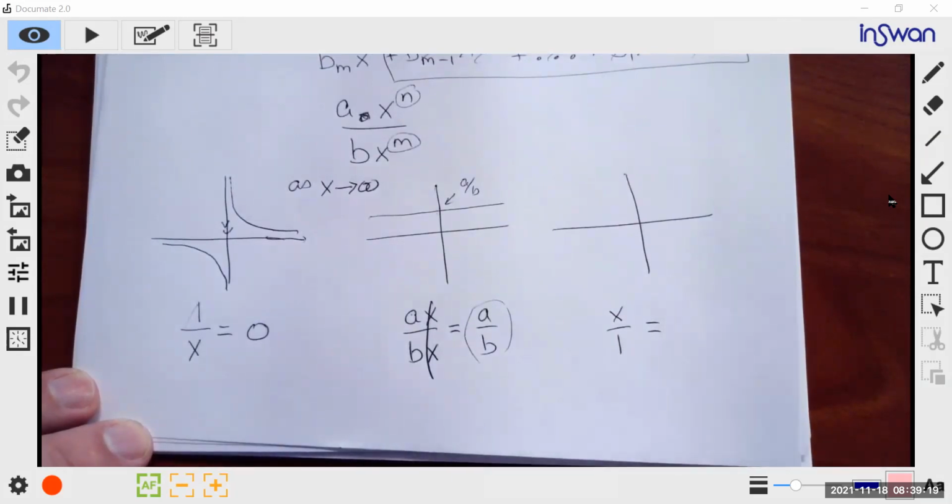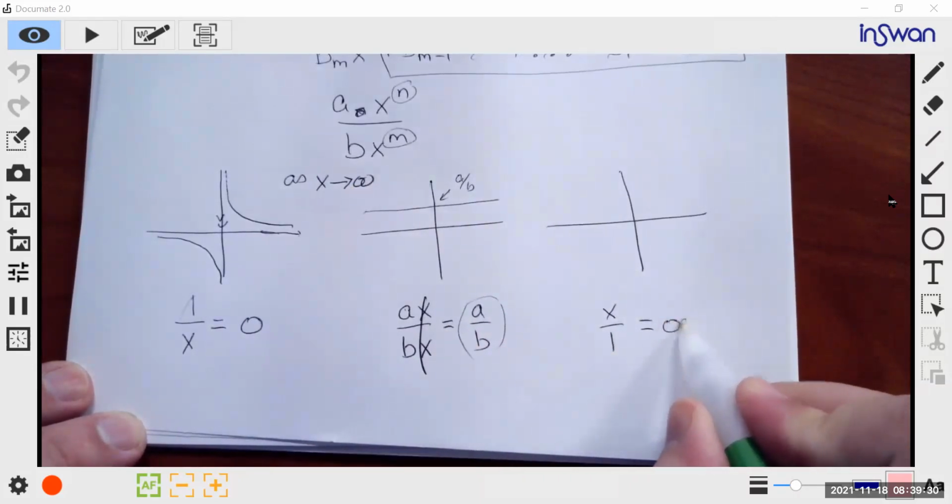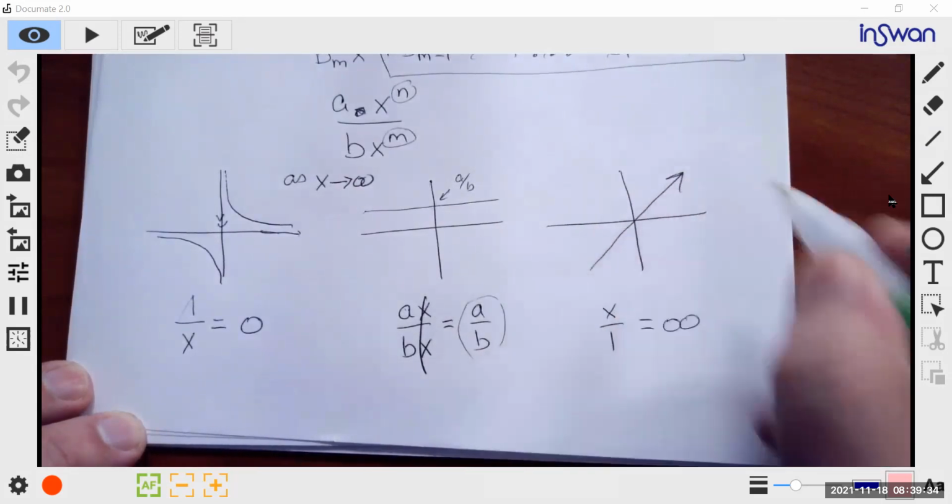As x gets larger, what happens to that number? Yeah, and as x goes to infinity, this one goes to where? Because this function looks like that.